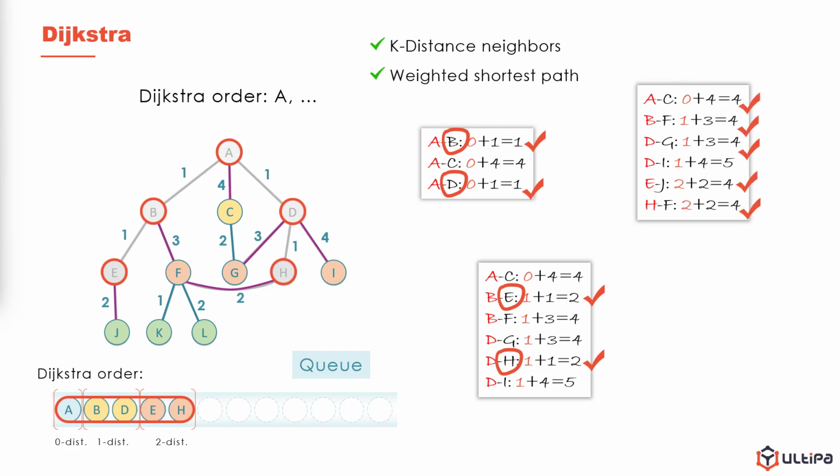Sometimes a neighbor may stand out multiple times with the shortest distance, like node F in the current election. This means multiple shortest paths exist for node F. Just make sure not to duplicate such a node in the queue.